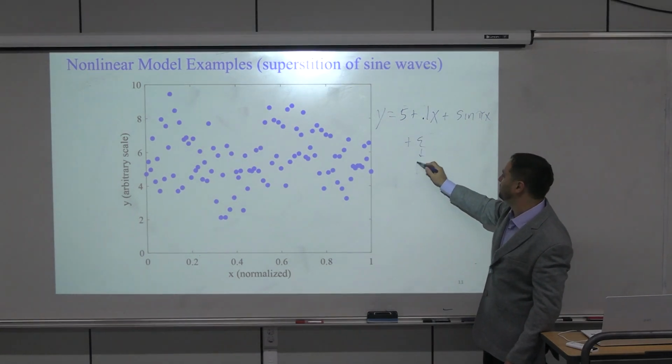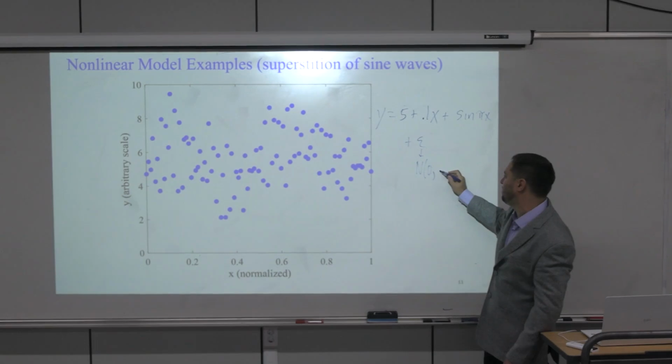And this random noise was normally distributed with mean 0 and a variance of, I think, 0.75.